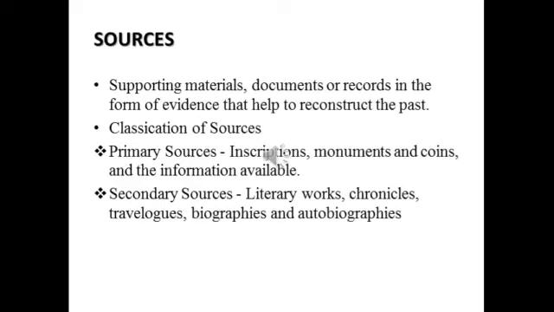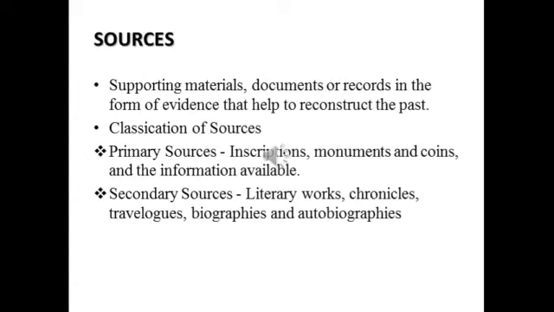Primary sources include inscriptions, that is, writings engraved on solid surfaces. Monuments means buildings, and coins, so these are considered primary sources of information. Then secondary sources: literary works, mostly written works, chronicles, travelogues, biographies and autobiographies. So sources are thus classified.